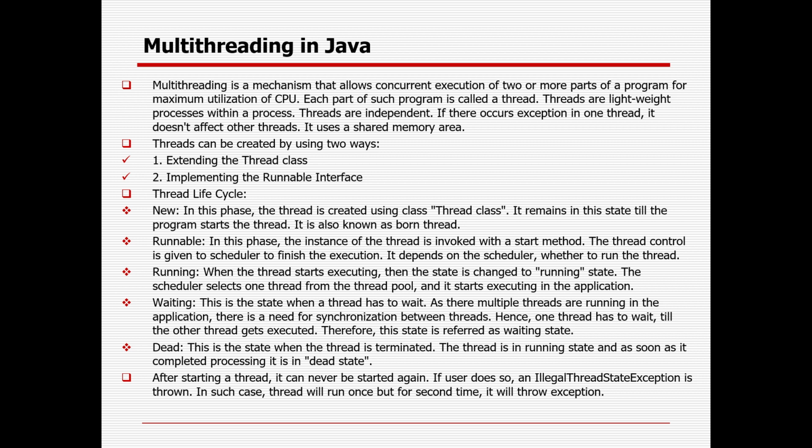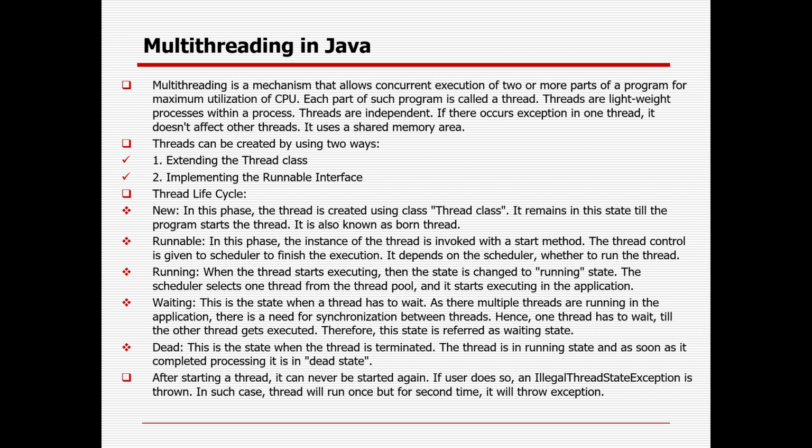Then running. When the thread starts executing, the state is changed to running from runnable. The scheduler selects one thread from the thread pool, and there is a reserve pool, and the scheduler will take the thread from the pool and then activate that thread. So the scheduler selects one thread from the thread pool and starts executing it in the application. Waiting: this is the state when a thread has to wait.